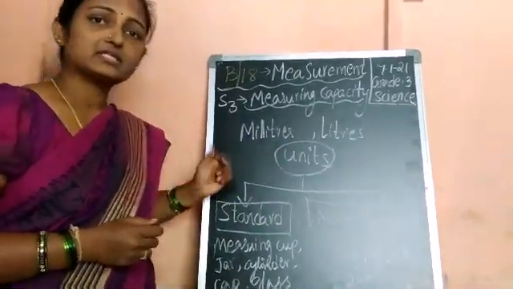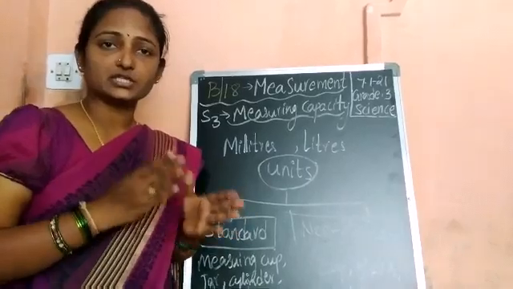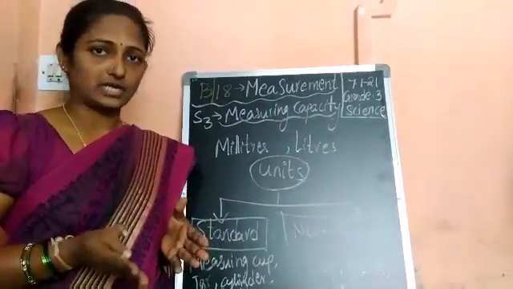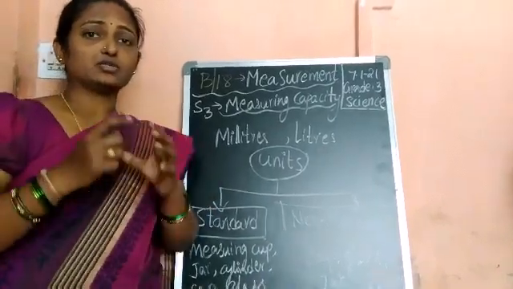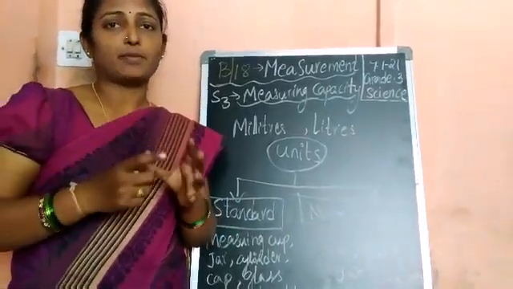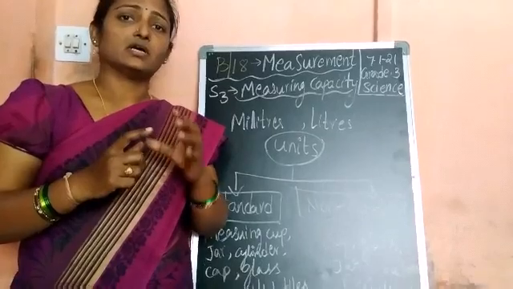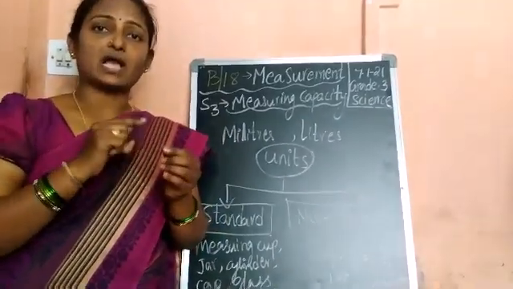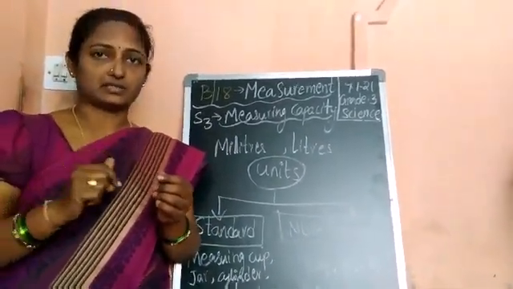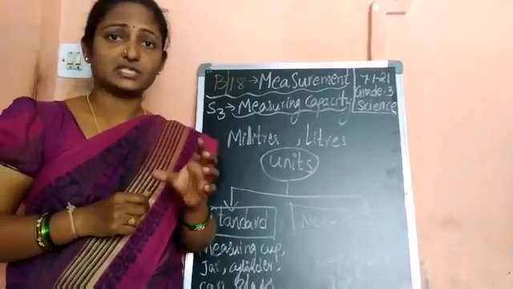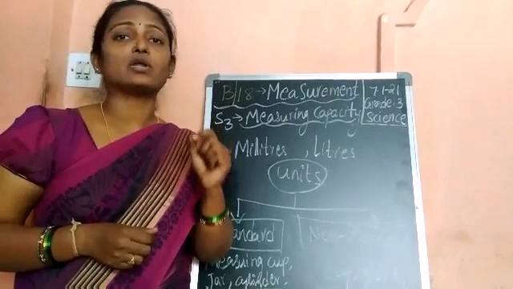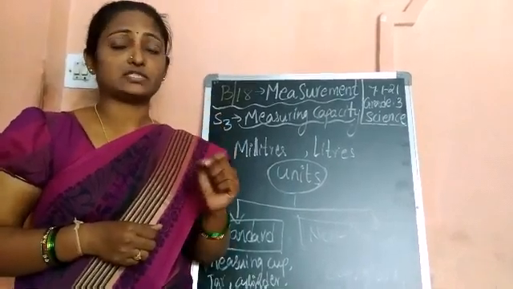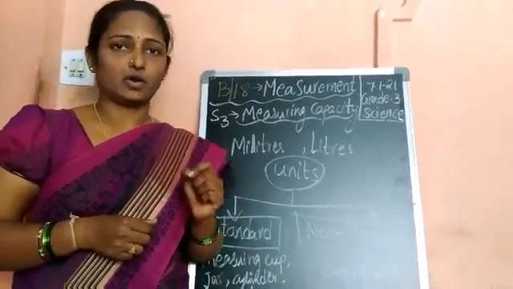In the same way as measuring lengths, we have standard and non-standard units. If we have the measuring cup, measuring jar and measuring bottles, they have numbering lines, which tell us the capacity of the bottle.